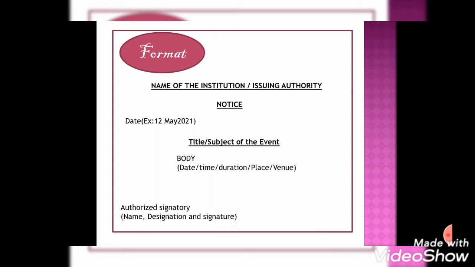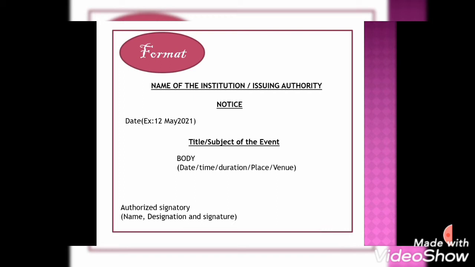Now, just below the name of the institution, you may leave one line and again in bold letters write the word notice. Then on the next line, or if you wish you can leave one line here, write the date.